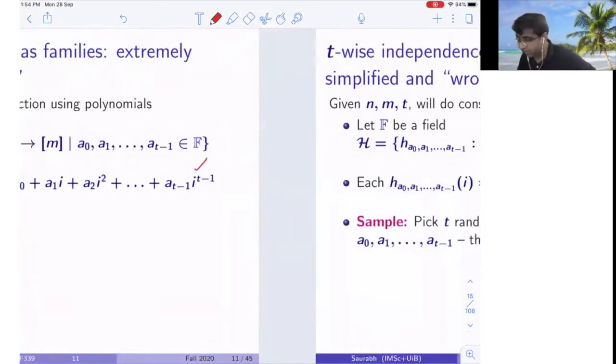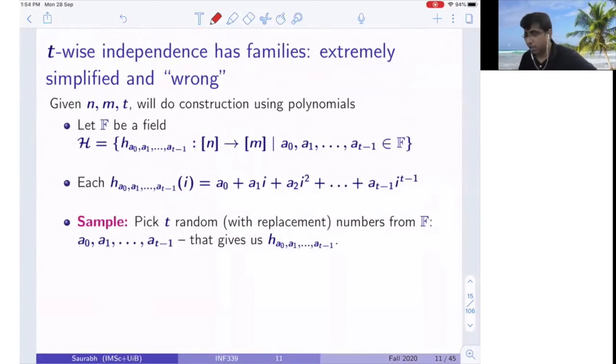And notice that if you want to sample some function from here, all you need to do is pick t random numbers with replacement from F, a0 to a(t-1), and that automatically determines h(a0, a1, ..., a(t-1)), okay?